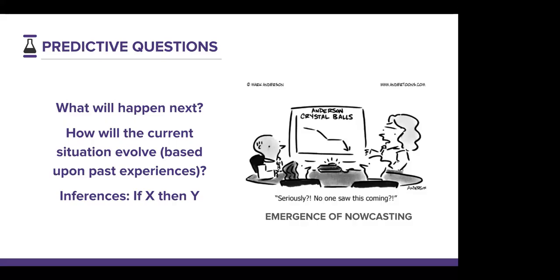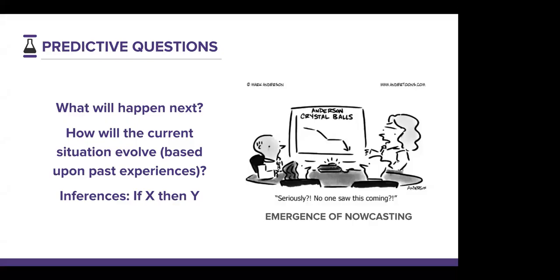Then we have predictive questions, which is really about what will happen next, what will happen in the future, but predictive questions can, for instance, also be based upon inferences. Now I know, based upon my diagnostic questions, that traffic jams emerge from, for instance, everyone starting at 8 o'clock in the morning, and they all go and use the same route.